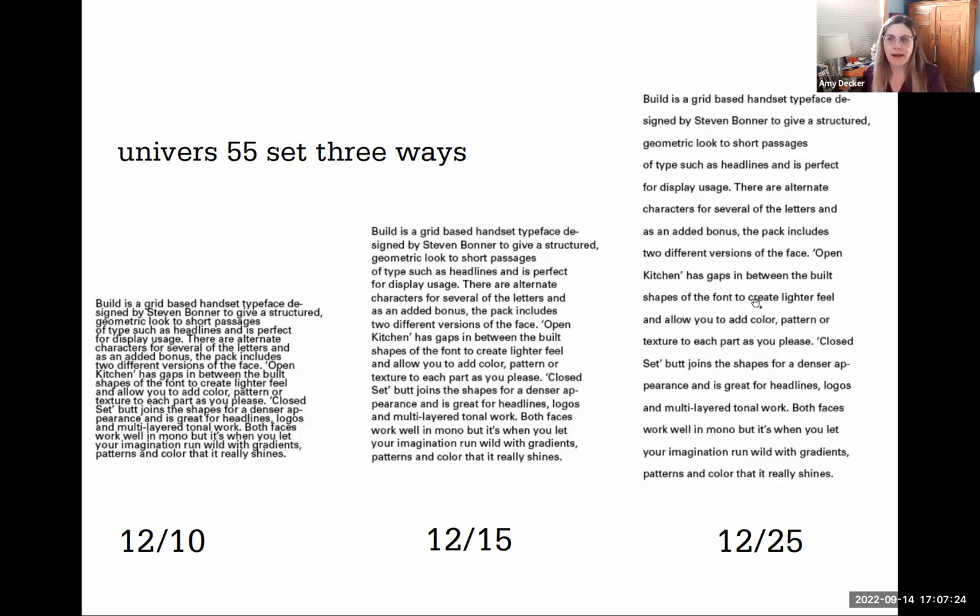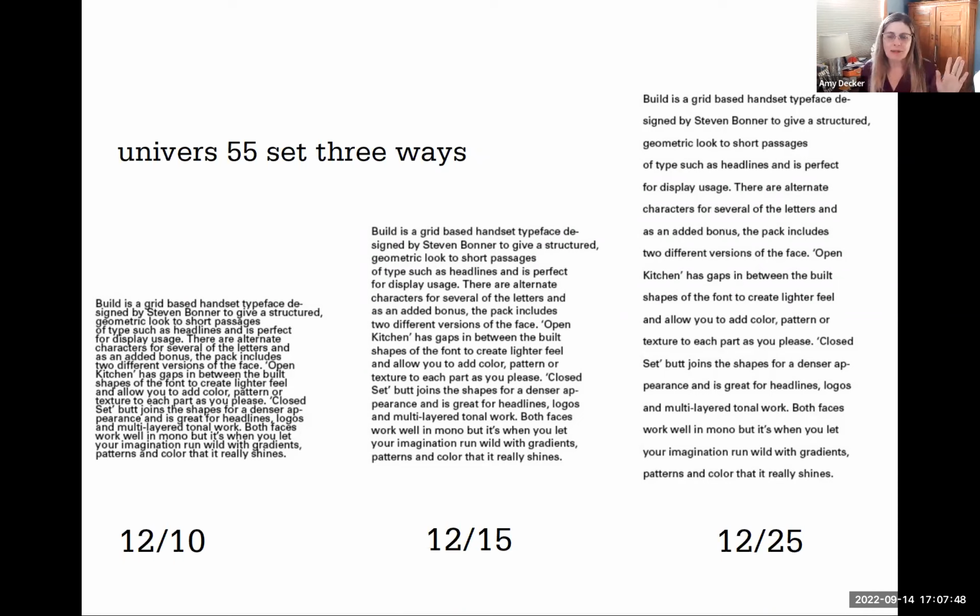So now that I've told you that, what do you think is the perfect ratio for reading? 12/15, exactly. Your rule of thumb to start with.